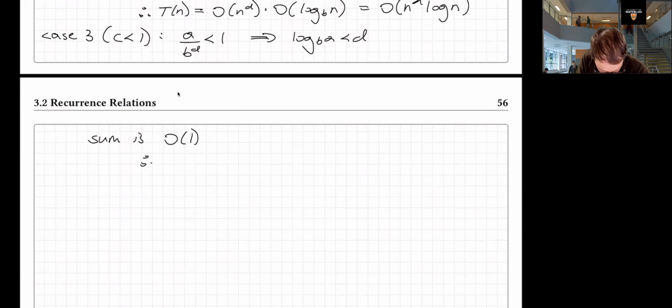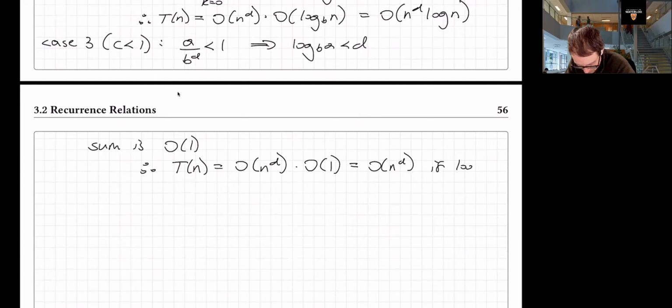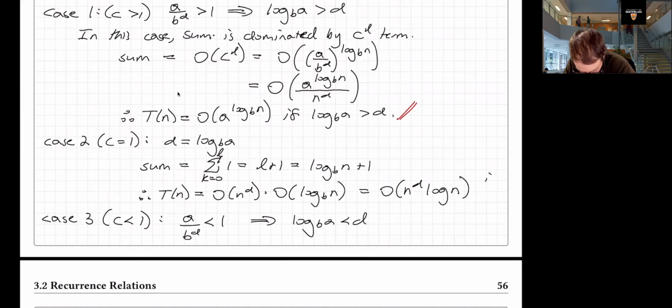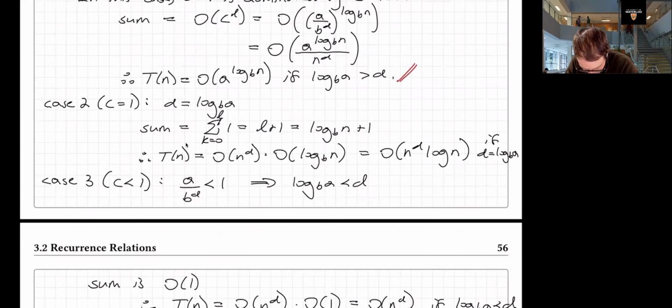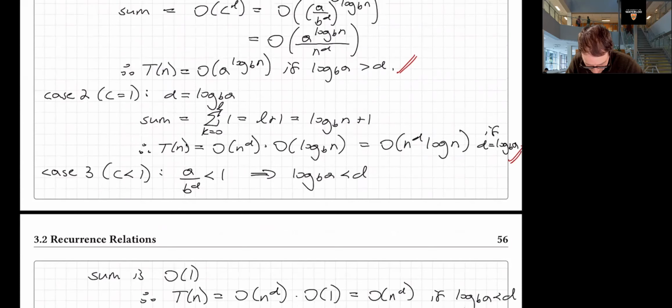And therefore, in this case, we have that T of N is equal to big O of N to the power of D multiplying the value of the sum, which is big O of 1, which just is big O N to the D. And that's in the case of log base B of A is less than D. And the second case here was where D equals log base B of A. And so our second result is here, and then our third result is here.